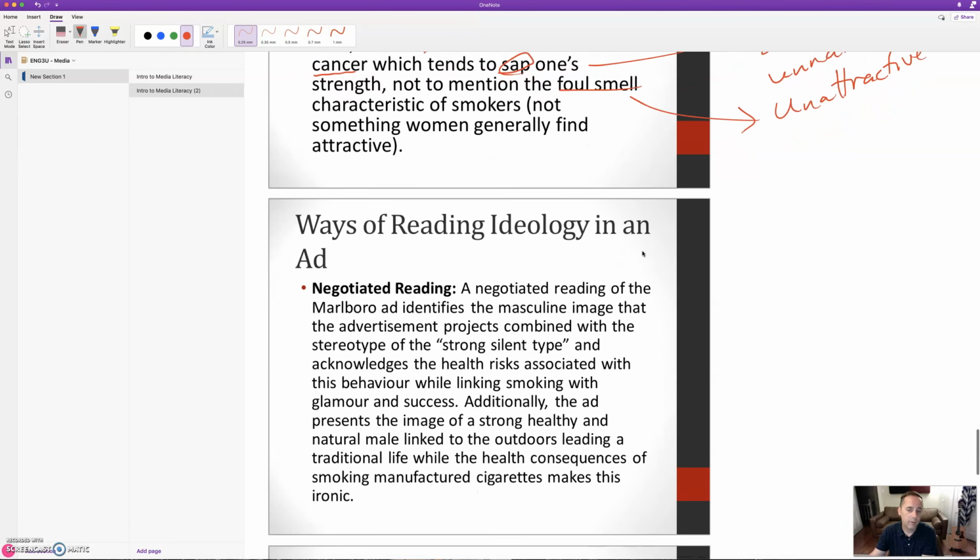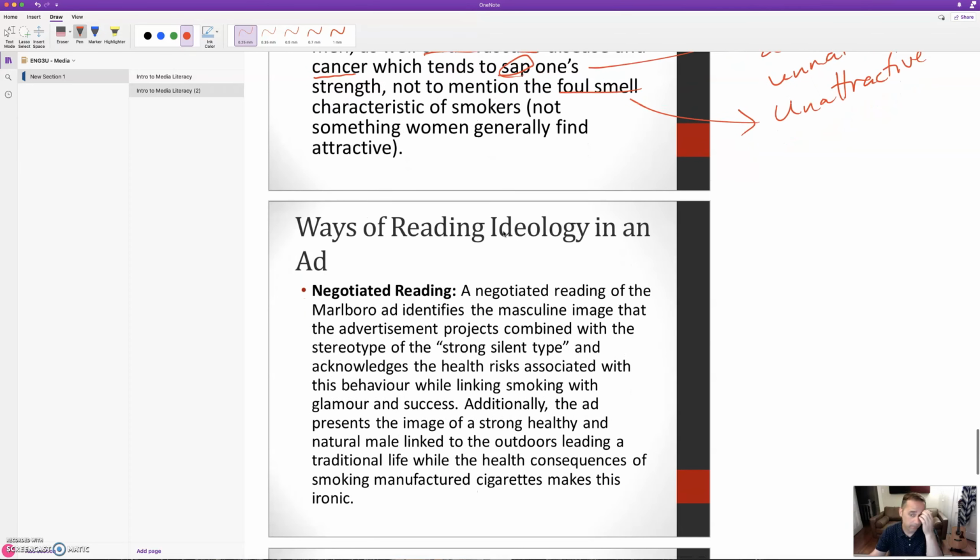Can we find a middle position? Okay, a negotiated reading of the ad identifies the masculine image that the advertisement projects combined with the stereotype of the strong, silent type, and acknowledges the health risks associated with this behavior while linking smoking with glamour and success, because they try to make him look really cool.